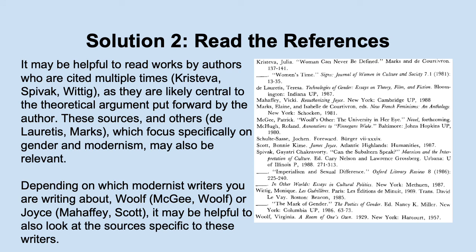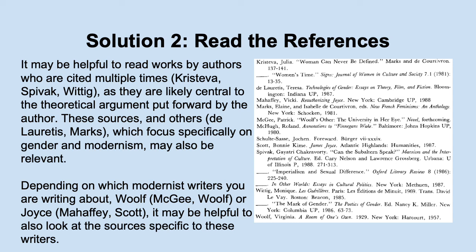The solution to this is that there are quite a few articles that may be worth looking up. It may be helpful to read works by the theorists who are cited multiple times, such as Kristeva, Spivak, and Wittig, as these writers are likely central to the theoretical argument put forward by the author. If they're engaging with them and find it helpful, you might also find it helpful.